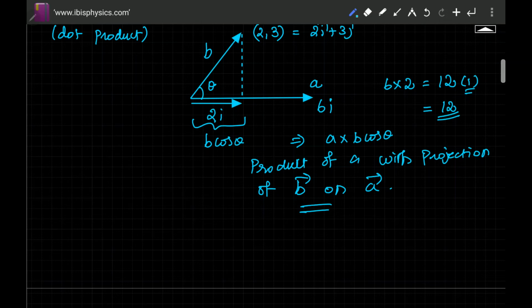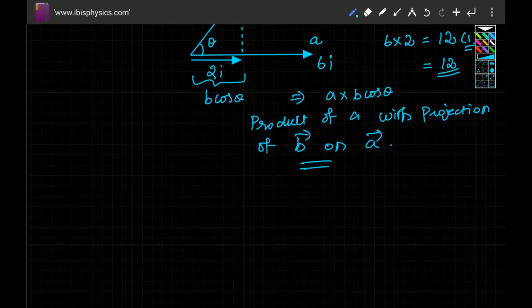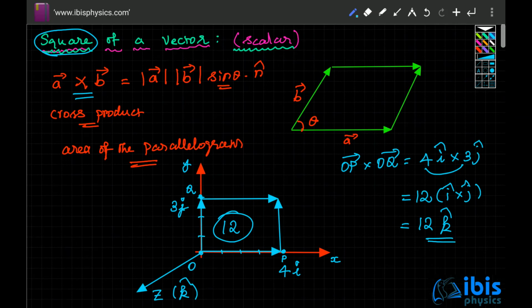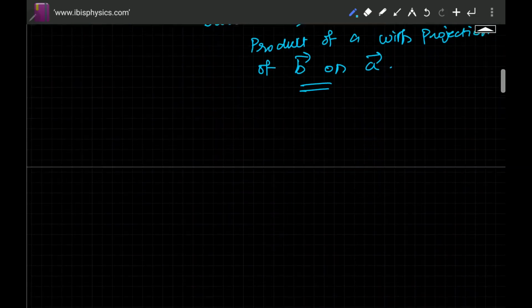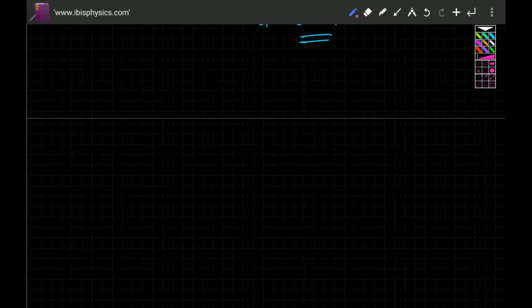Then what is the square of a vector? We have already found out that you cannot multiply a vector by itself through cross product, because the result is always 0 because it cannot form an area. But when you multiply a vector by itself through dot product, A vector dot A vector means modulus A modulus A cos theta.